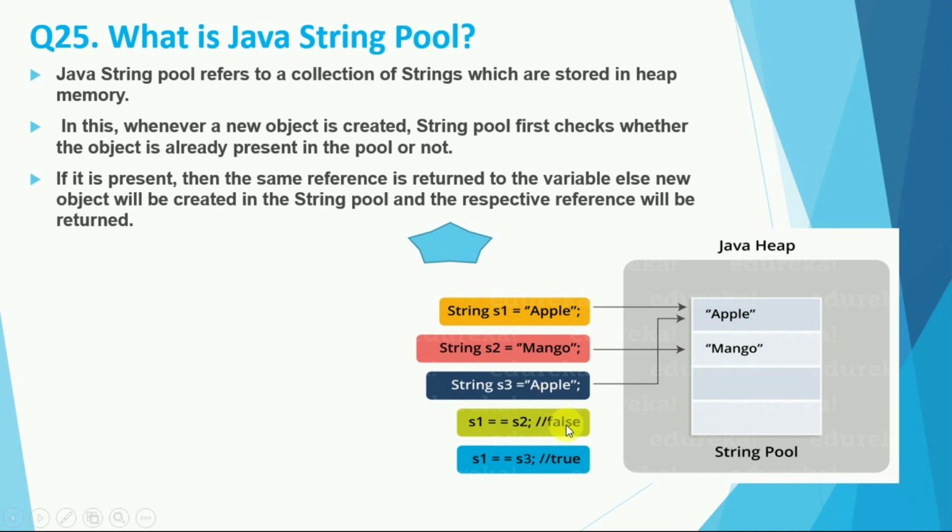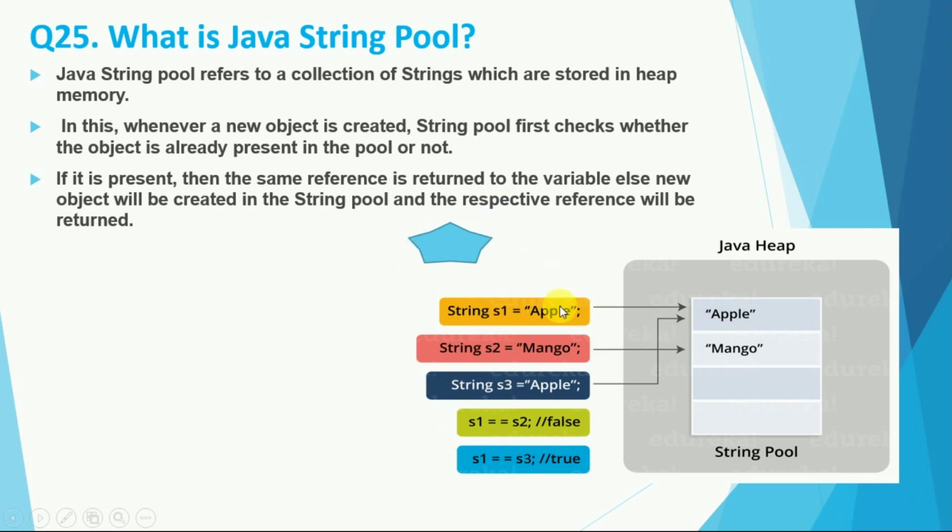If it is present, then the same reference is returned. As you can see in this example, string S1 equals apple and string S3 equals apple also, so the same reference is returned to the variable. Else, a new object will be created in the string pool and the respective reference will be returned. So I hope you understood about the Java string pool.